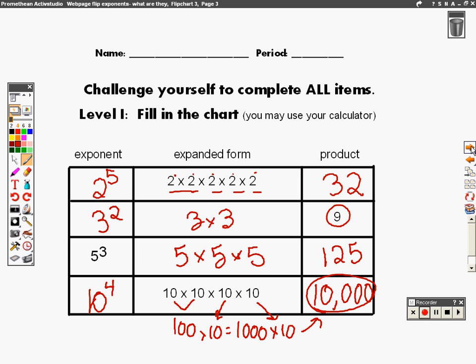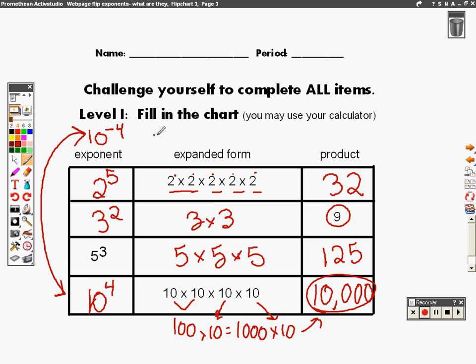I'd like to just challenge you here for a moment, and what I'd like you to do is try to do 10 to the negative 4th and see what you think you can come up with. Well, we know that 10 to the negative 4th is going to be the reciprocal of 10 to the 4th.